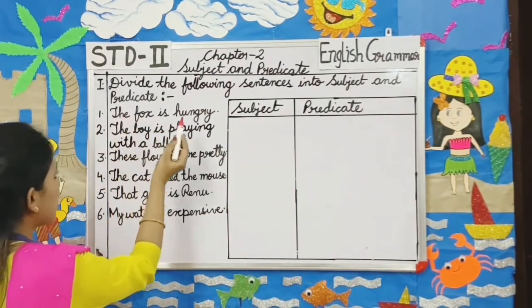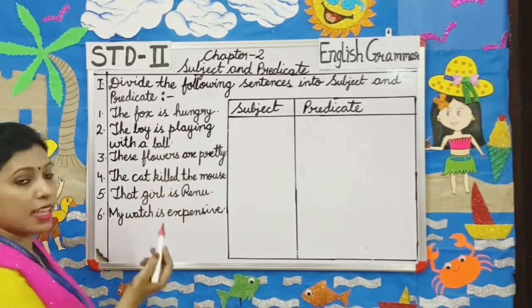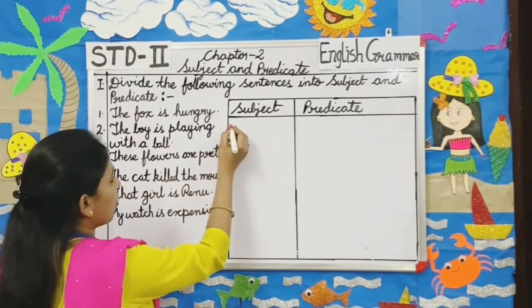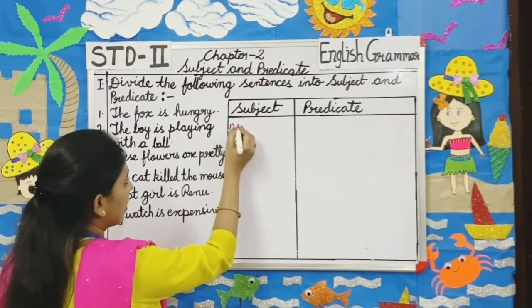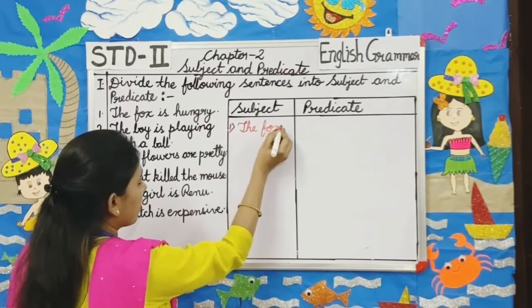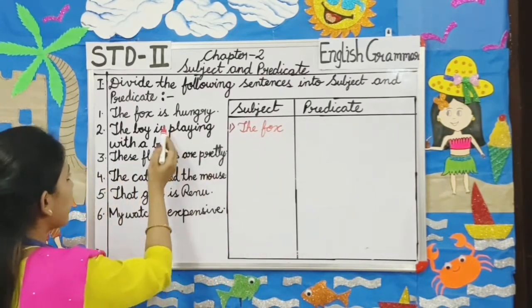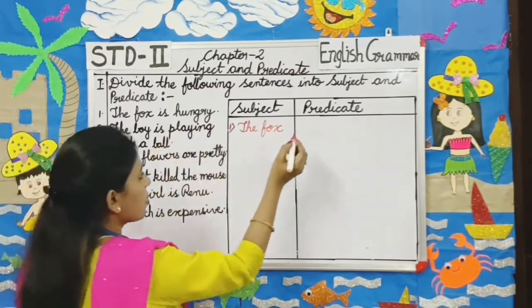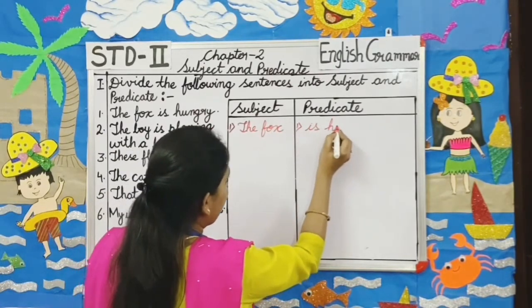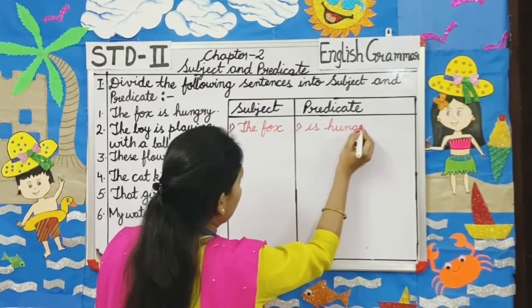The fox is hungry. What is the subject over here? Yes, the fox. So you will write down the fox in the subject column. And what is the predicate? Is hungry. So you are going to write down is hungry in the predicate column.